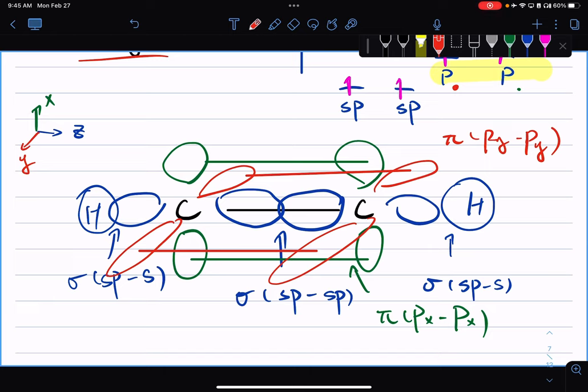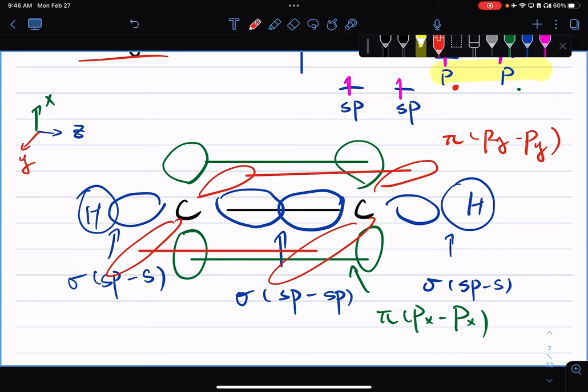So if that's your first pair of the pi bond, you can have a second pair of the pi bonds coming in a different direction.